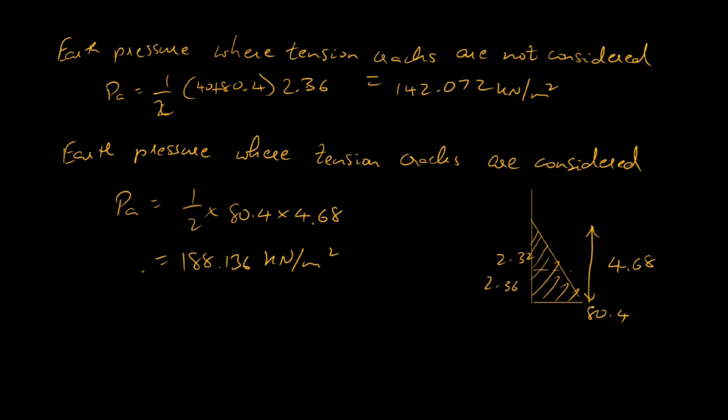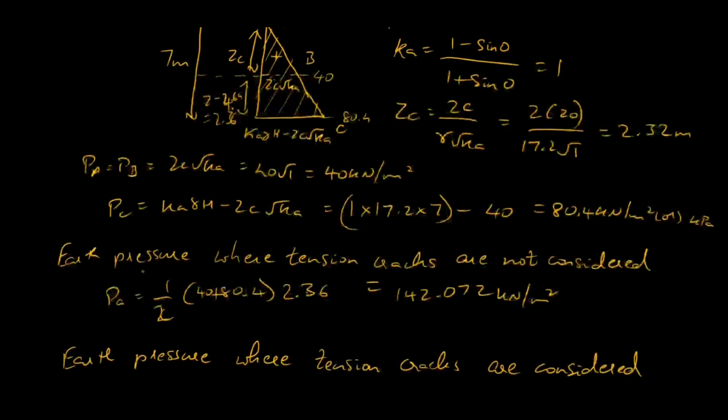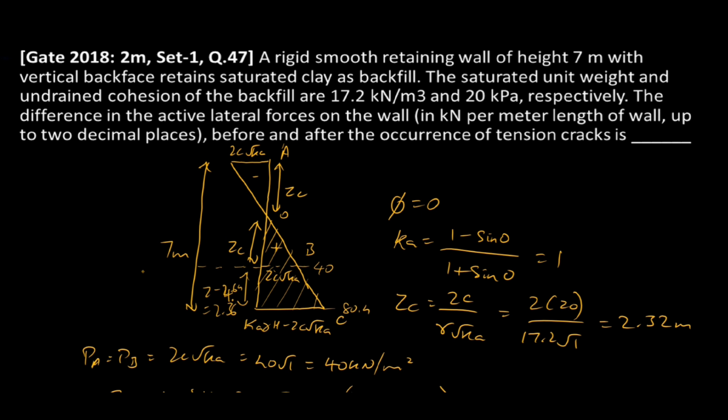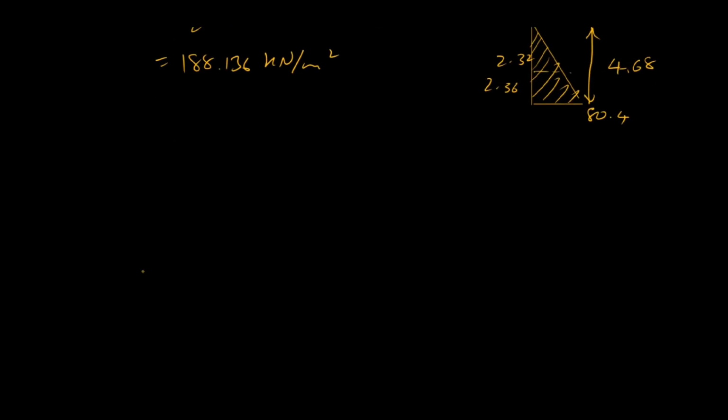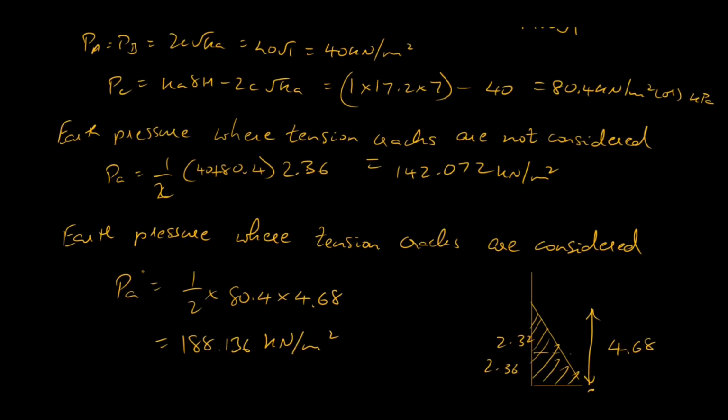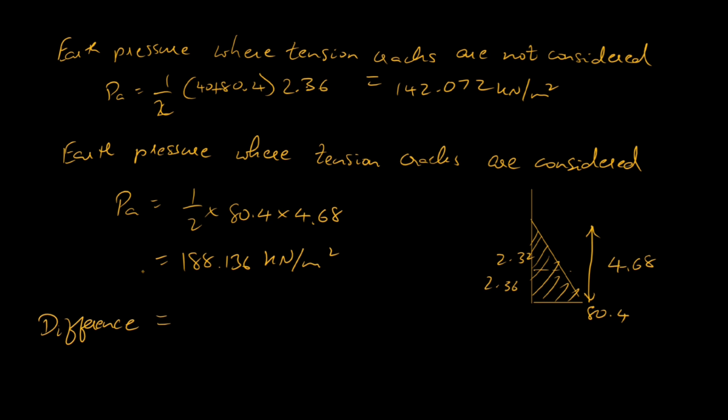Now they have asked us to find out the difference between the lateral active forces before and after occurrence of tension cracks. Therefore, the difference will be nothing but before tension cracks it is 142.072 and after tension cracks it is 188.136.